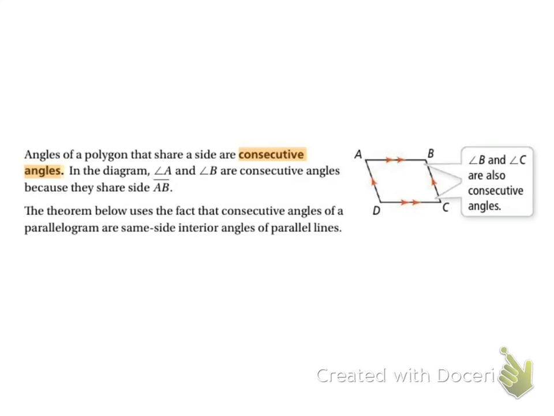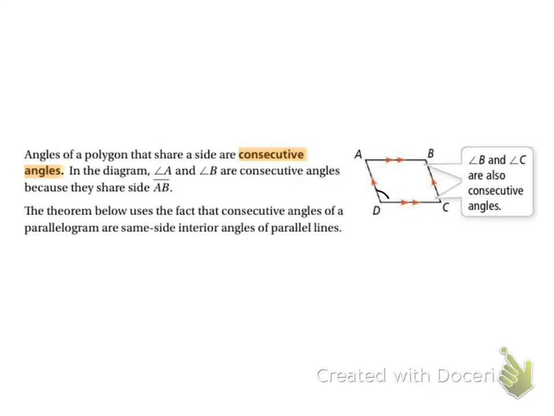Okay. So consecutive angles are angles that share a side. So B and C are consecutive angles because they share the same side, BC. And C and D are consecutive angles because they share the side CD.